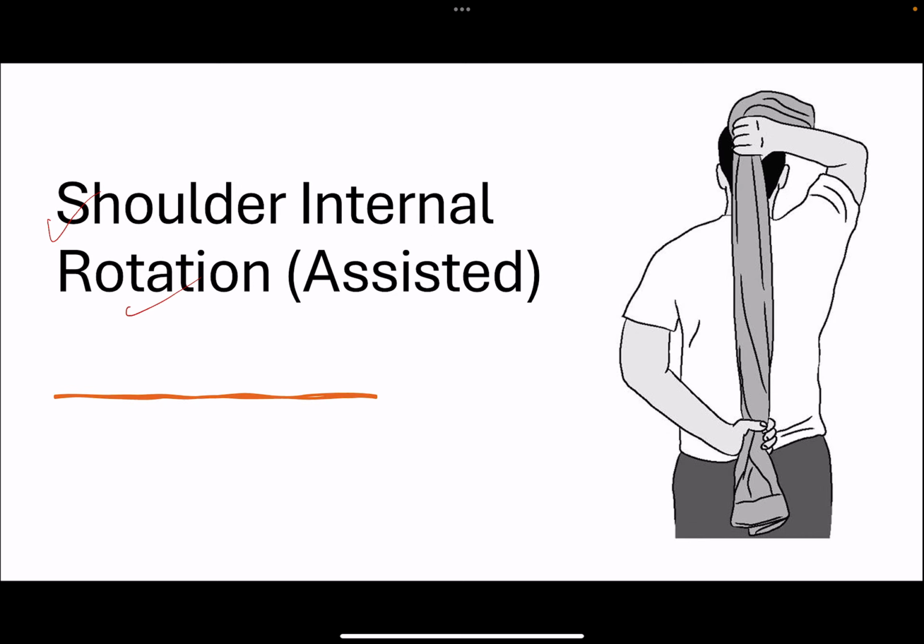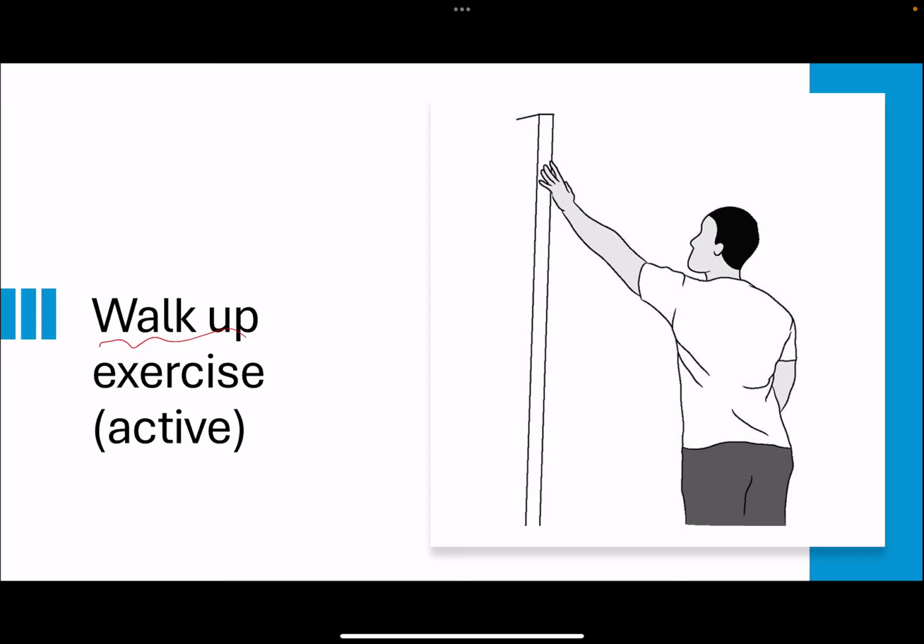Shoulder internal rotation assisted, like that, with a bellow. Walk up exercise active to restore range of motion.